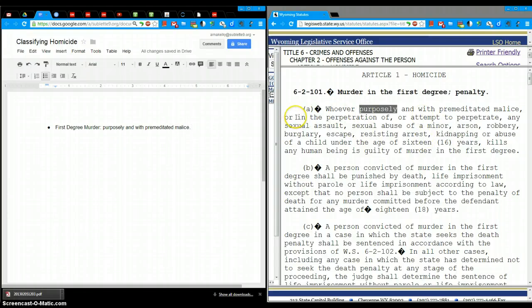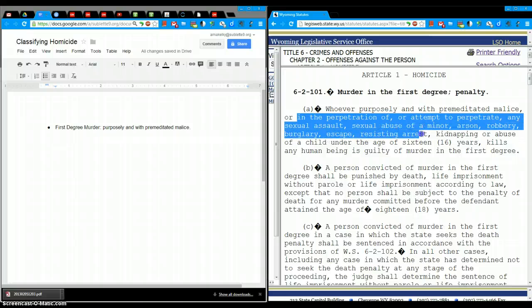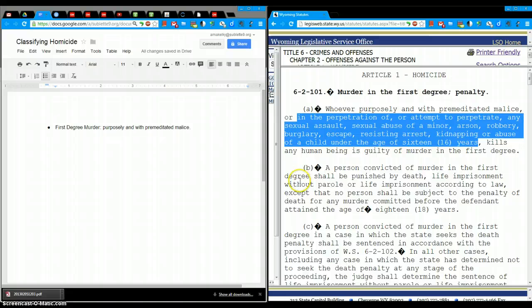Now, when you see the word or, that means, well, if it fits that, it's going to be first degree murder. If it doesn't, it could fit any of these other ones. So if somebody was attempting to or carrying out any of these other crimes, so like let's say arson, if they were burning down a building on purpose, which would be arson, and somebody was inside, that would be first degree murder if they died.